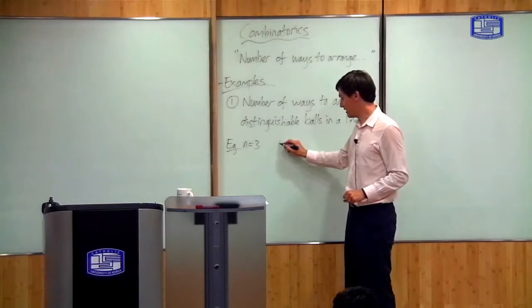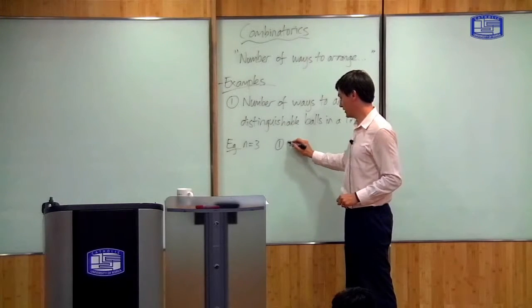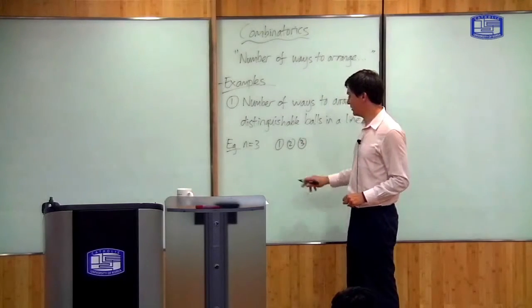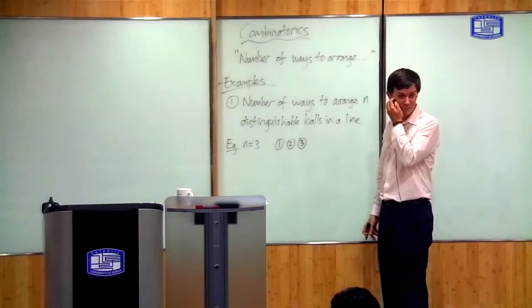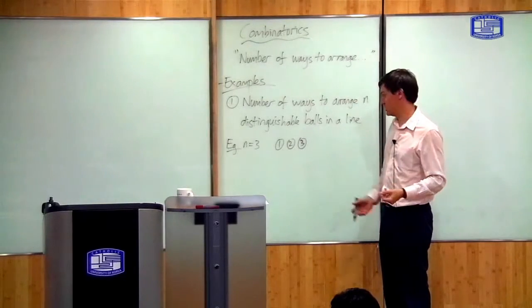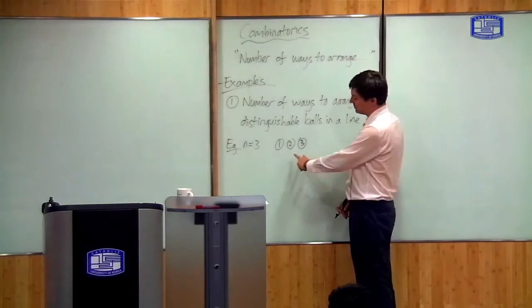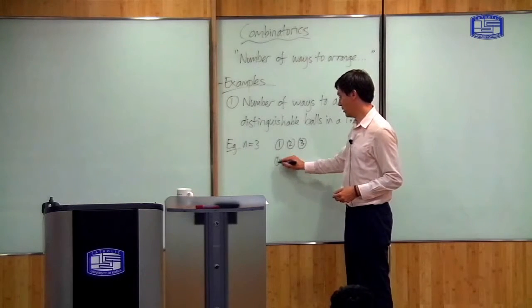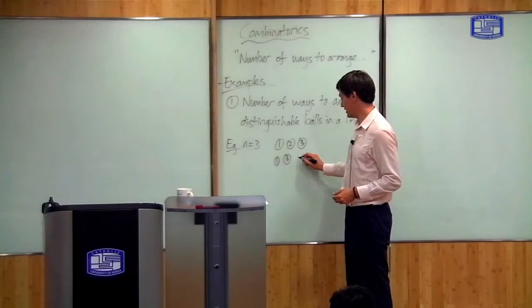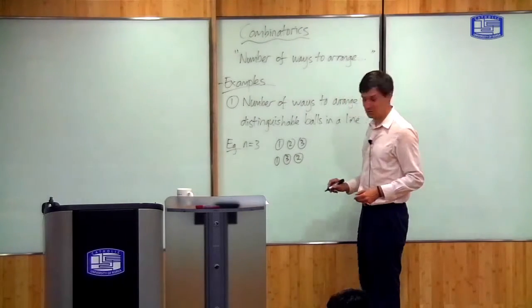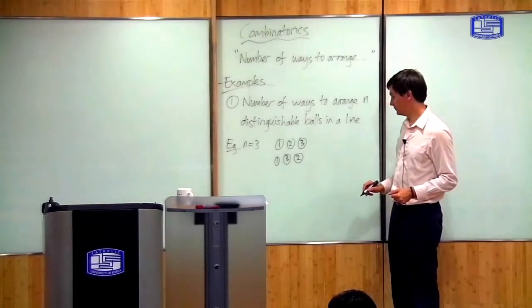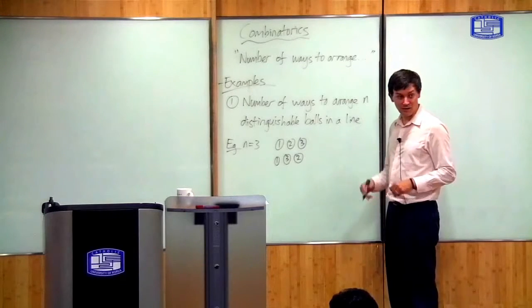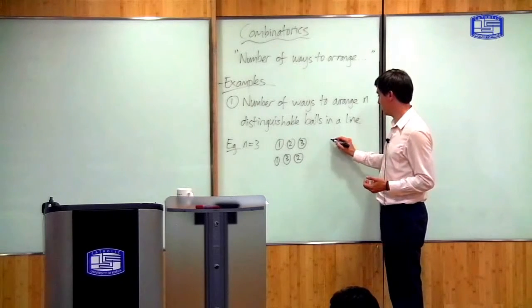Well, first of all, I can do it in the normal order. So I can do ball 1, ball 2, and ball 3. Okay. That arranges the balls in the line. But I could also, for example, swap these 2 around. So then I would get ball 1 followed by ball 3, then ball 2. And I could decide to start with ball 2 instead of ball 1.